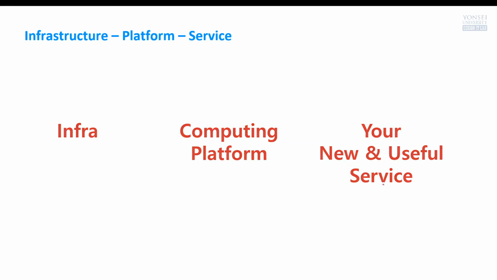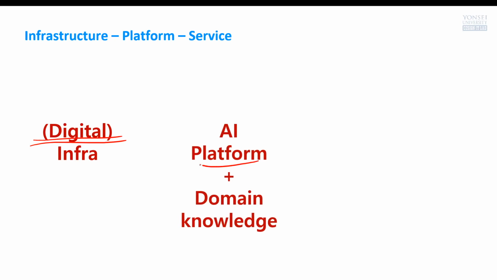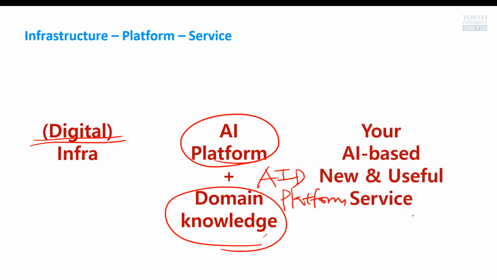That's the point. So nowadays, of course, we are talking about infrastructure for digital. We are talking about AI platform plus your domain knowledge. If your domain of interest is design, then that's the AID platform, okay? Your AI-based new and useful service can be created.